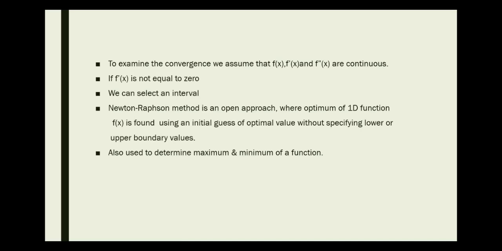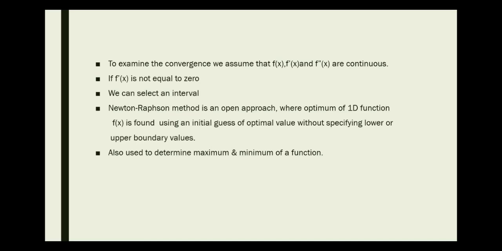From the iterative method, x(n+1) = phi(xn). Therefore, phi(x) = x - f(x) / f'(x), and phi'(x) = f(x) f''(x) / [f'(x)] squared.